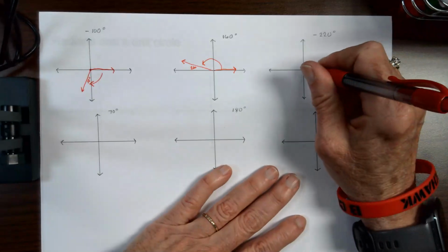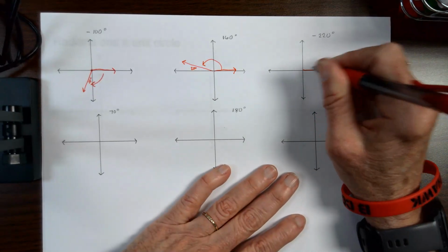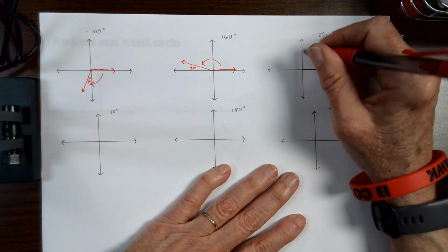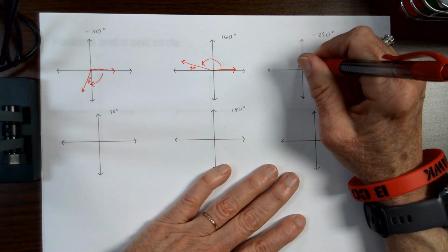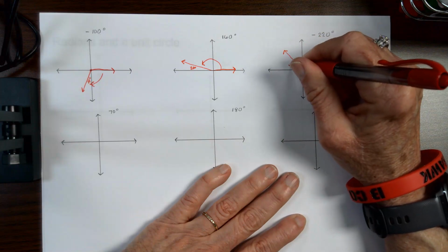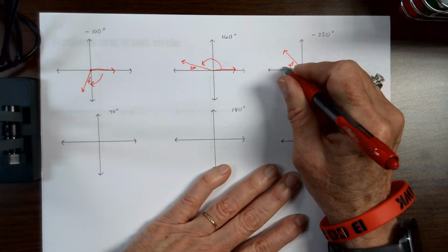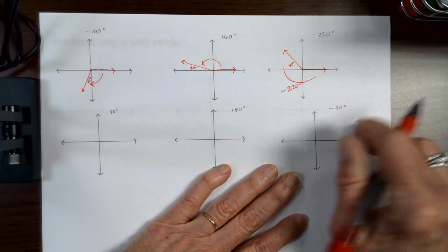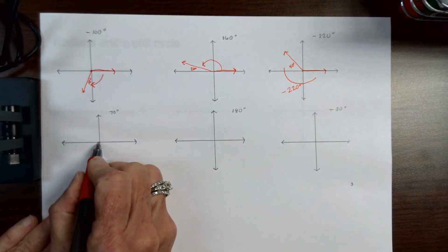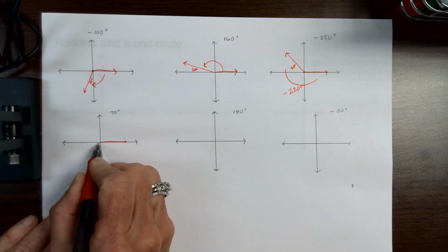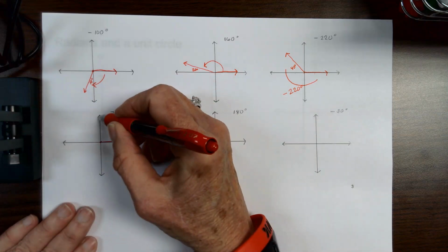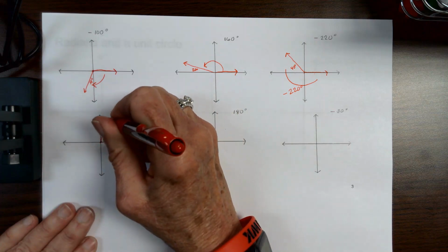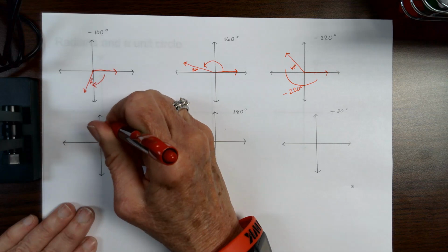Remember, this is your initial side. Negative 220. I always start right here, and I've gone down negative 90, negative 180. So I have to go 40 past the 180 for this whole thing to be negative 220. 70. I always start here. Straight up would be 90. That's a 90-degree angle, so I'm going to go 20 shy of that.